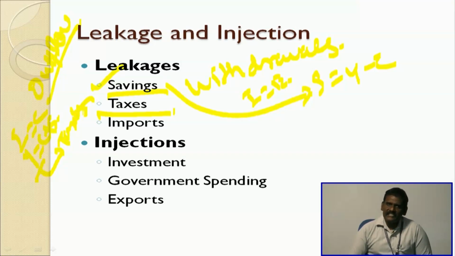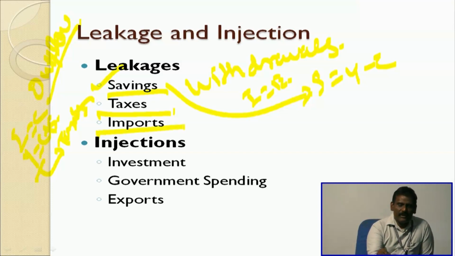The taxes flow from one sector to another, from the firm to the government, and from the household to the government. They are paying tax, and the taxes are collected by the government. So, we will call it a leakage, which is away from the economy.